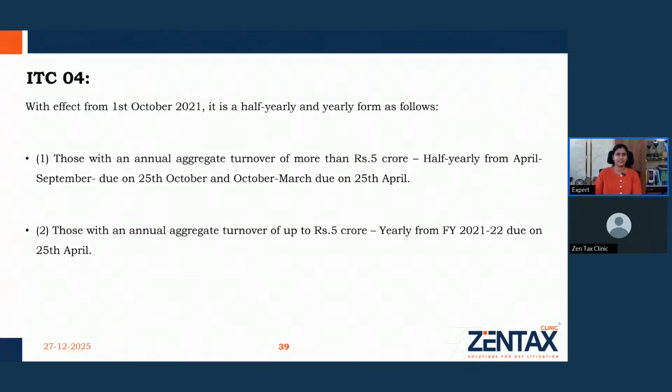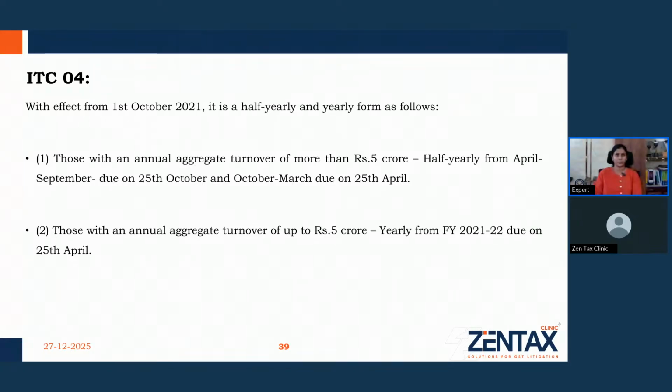Now we will see for whom half-yearly return is applicable and for whom yearly form is applicable. Those with an annual aggregate turnover of more than 5 crore, for those persons, half-yearly return is applicable. That is, from April to September, they need to file ITC-04 by 25th October.